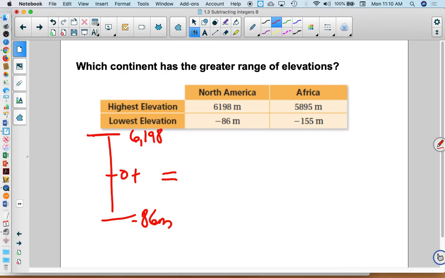Add these two together and tell me what it is. You're adding 6,198 plus 86 because we're dealing with their absolute values.